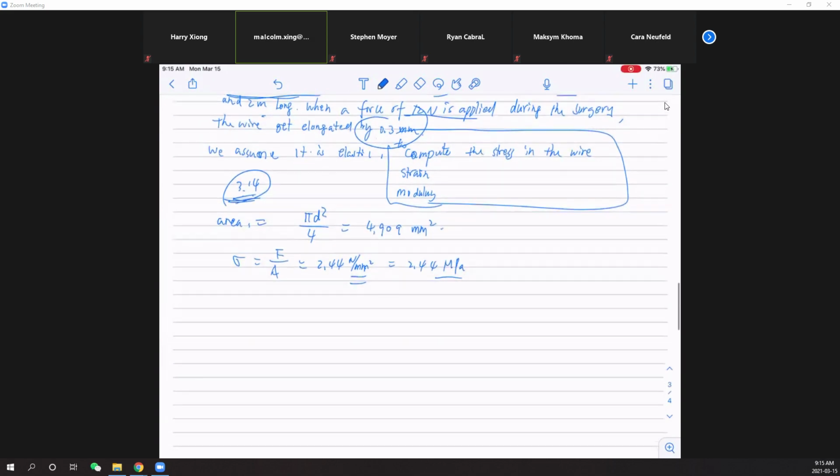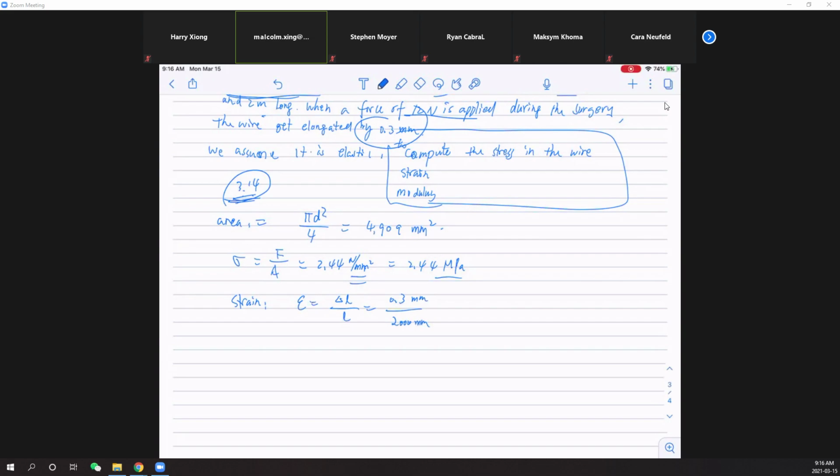Okay. And we can also get the strain epsilon. We know that the elongation delta L is 0.3 millimeter, delta L over the original length, and the original length is 2 meter long, so it's 2,000 millimeter.